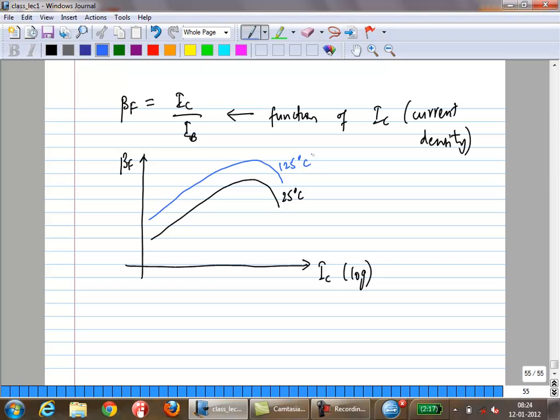And it so happens that for the bipolar device, the beta actually increases as a function of temperature. So this will be 10 microamps and so on.